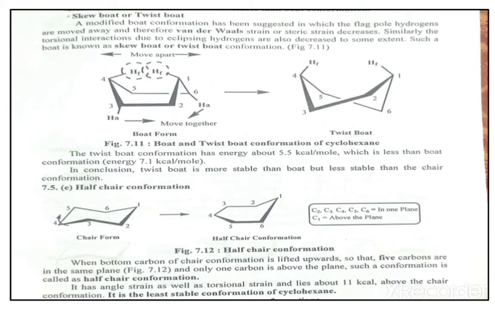Similarly, the torsional interaction due to eclipsing hydrogens also decreases to some extent, and such a boat is known as the skew boat or the twist boat.